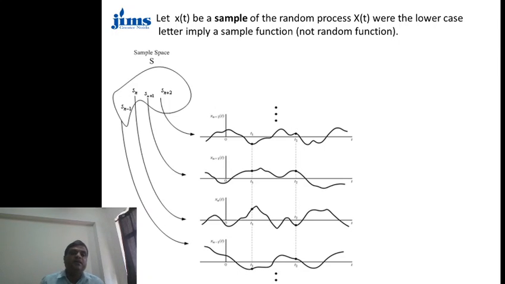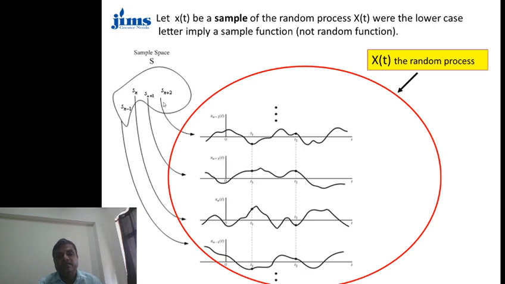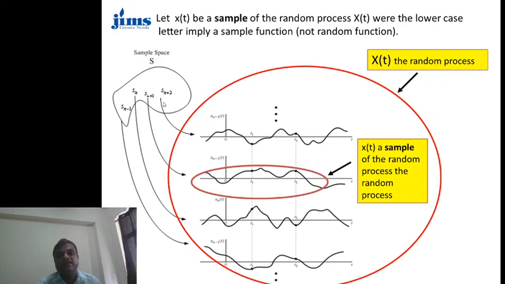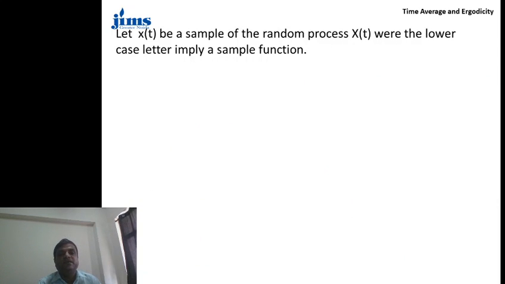See here the sample space is represented as x1, x2, ..., xn-1, xn, xn+1, xn+2. These are x(t), a sample of the random process. So let x(t) be a sample of the random process capital X(t), where the lowercase letter implies a sample function.